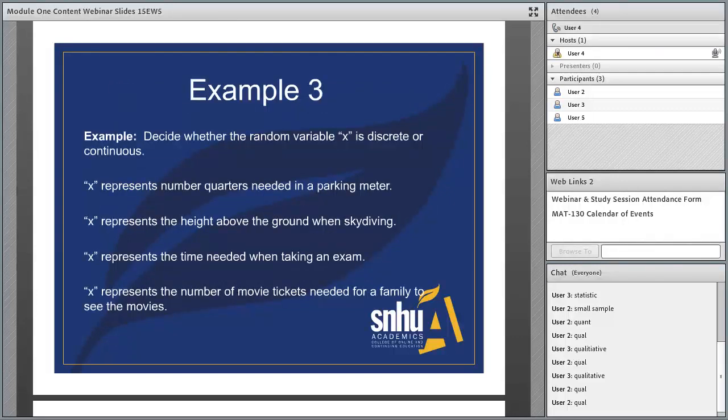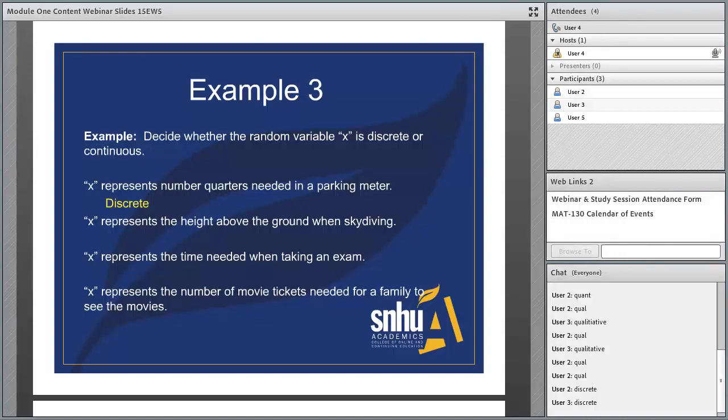Okay, so let's look at these examples. Decide whether the random variable x is discrete or continuous. Our first example is that x represents the number of quarters needed in a parking meter. Is that discrete or continuous? Yeah, good. You're not going to put in 1.5 quarters. You need 1 quarter or 2 quarters, but nothing in between.